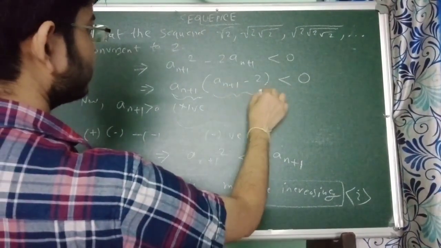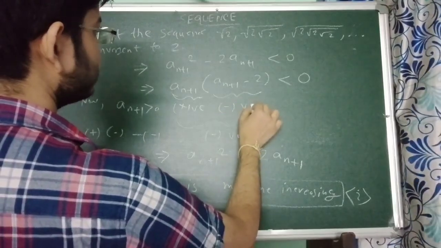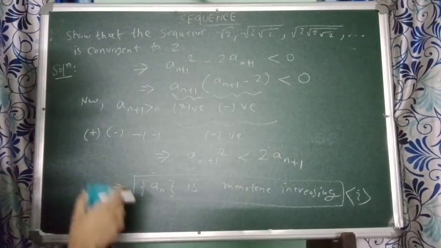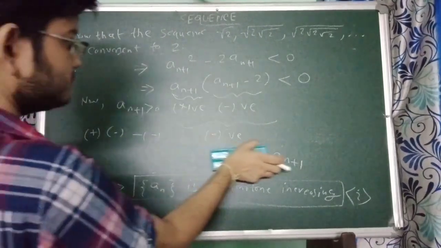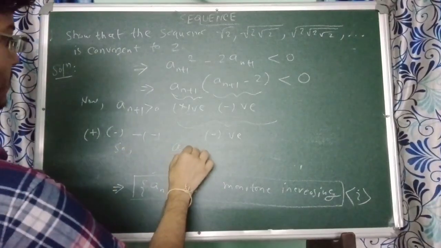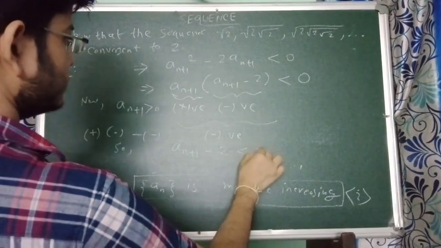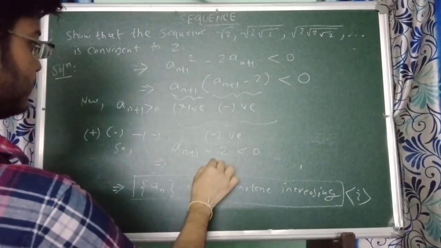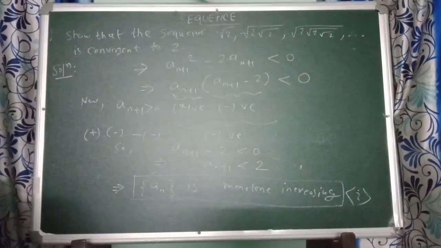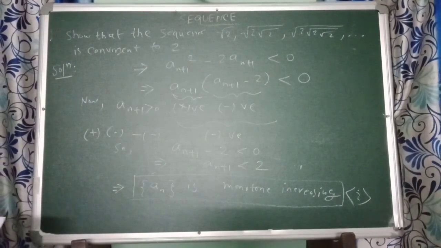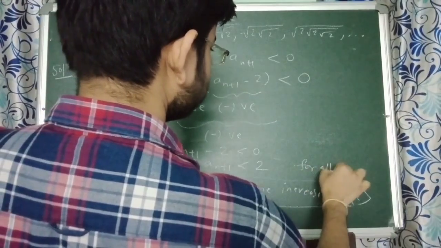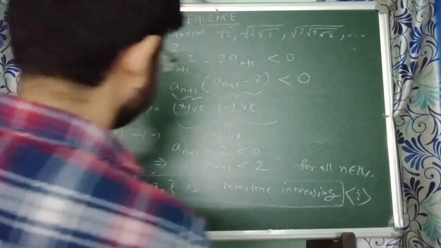So by logic we say that this part is a minus quantity, that is a_{n+1} minus 2 is less than 0. That is, a_{n+1} is less than 2 for all n belongs to natural number.